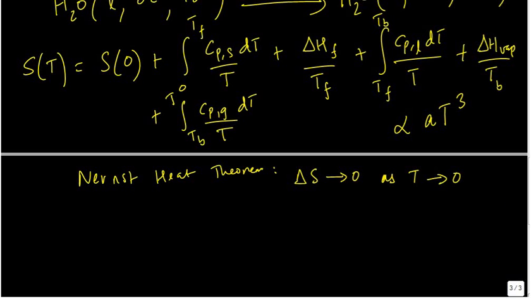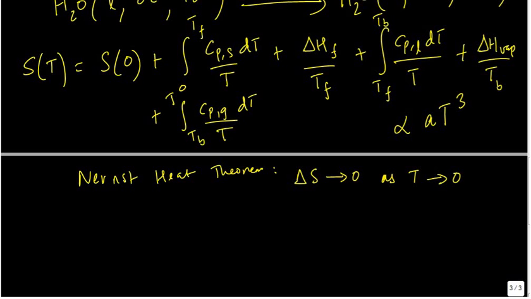So let me not even worry about that. Let's say that we are at 0 Kelvin. And at 0 Kelvin, if I do a transformation from one state to the other, one phase to the other, most likely the delta S is going to be 0. That's the Nernst heat theorem.